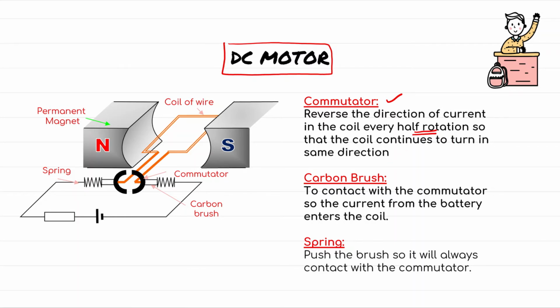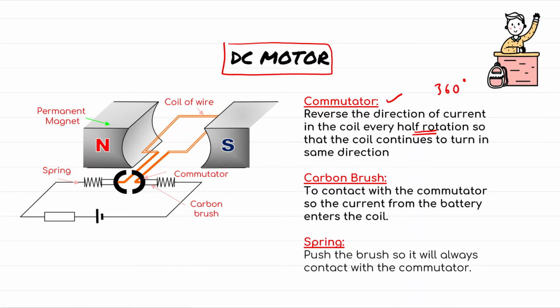Maksudnya kita nak buat dia satu putaran, okay. Kalau dia tak reverse the direction, awak punya coil akan jadi kiri kanan, kiri kanan, kiri kanan. Dia tak boleh nak buat 360 degree punya rotation. Okay, dia boleh buat 180 degree sahaja. Kita tak nak macam tu. For a complete rotation, kita nak dia 360 degree rotation. Right? So, itulah kerja commutator.